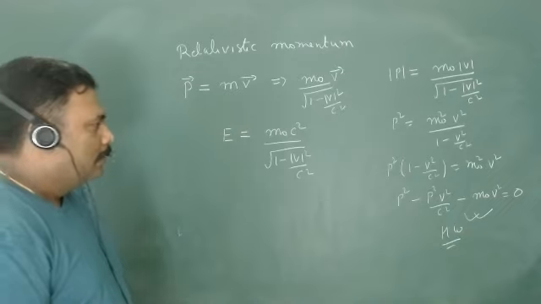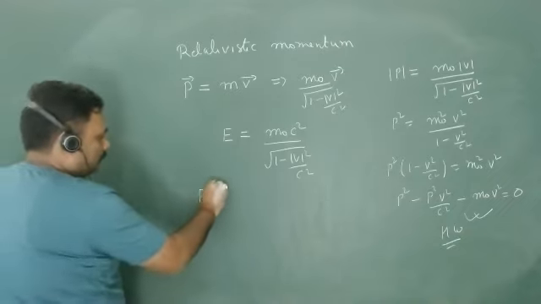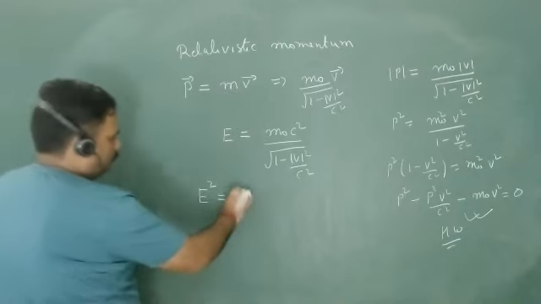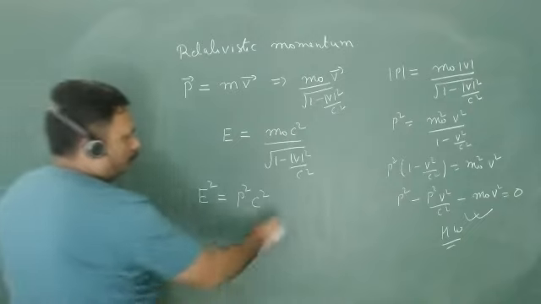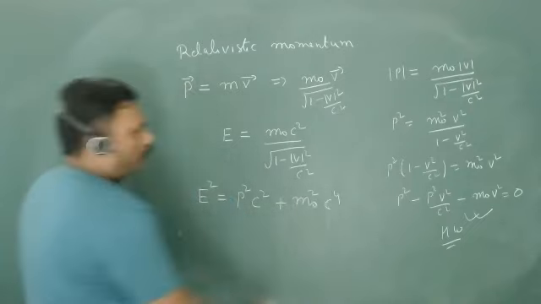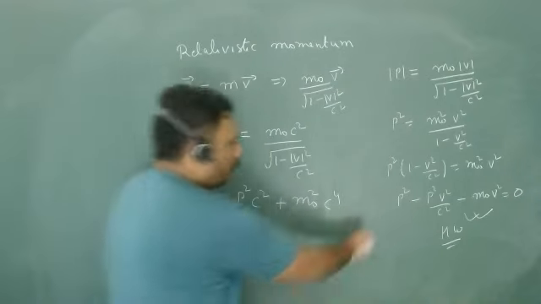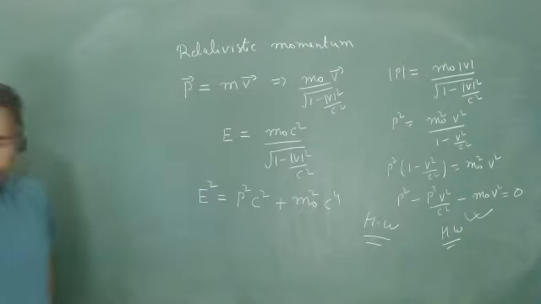This will be E square is equal to P square c square plus m naught square c to the power 4. You can do this exercise yourself. So this is your homework that you have to prove. Okay, this is your homework.